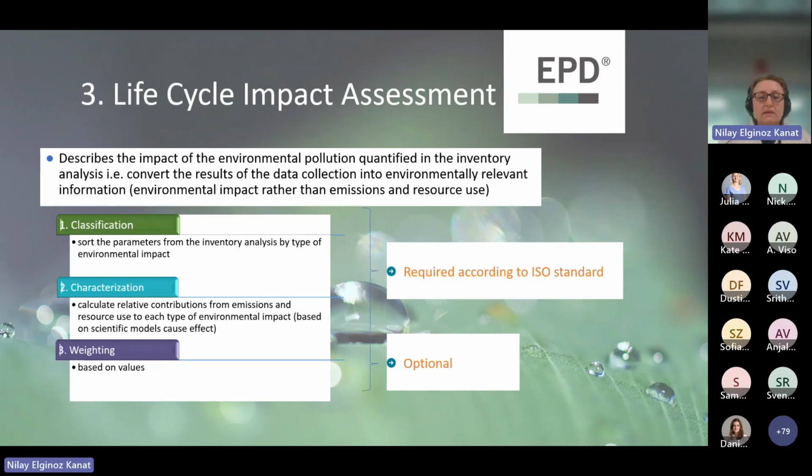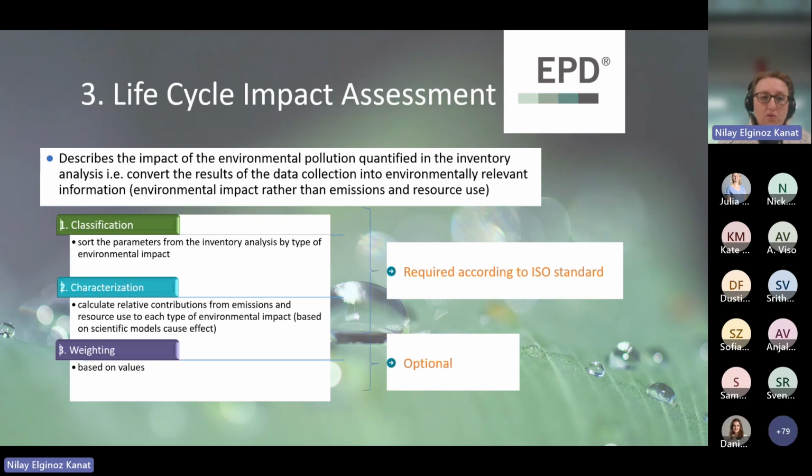But here, at the end of life cycle inventory, you will have hundreds of emissions coming out of one production process. And it will be very hard to interpret hundreds of emissions. So what we do is first we classify the emissions and then we characterize them. So which emissions will go to which impact categories. These two are required according to ISO standard.